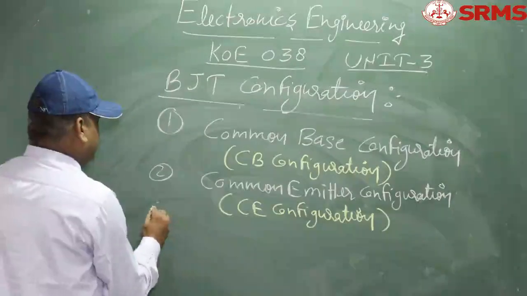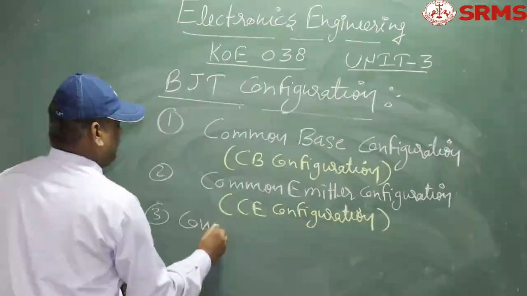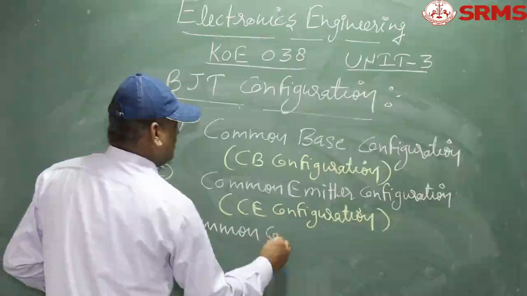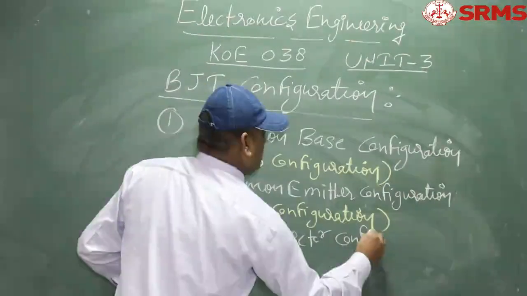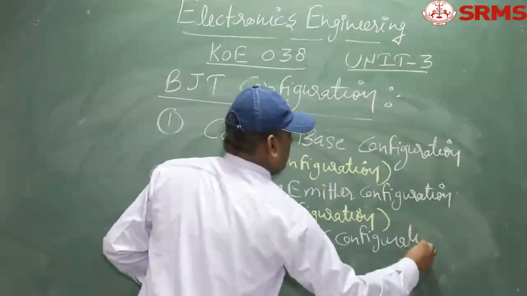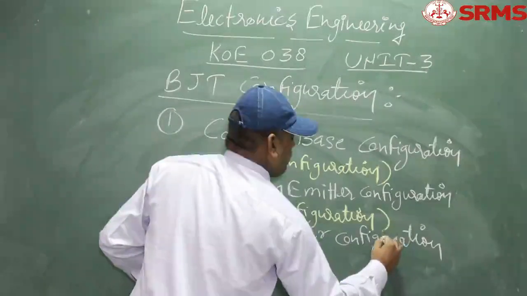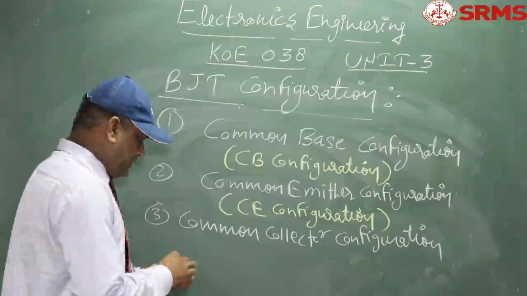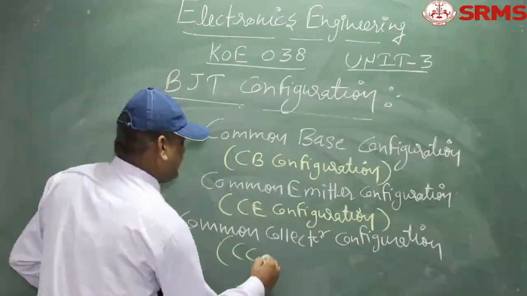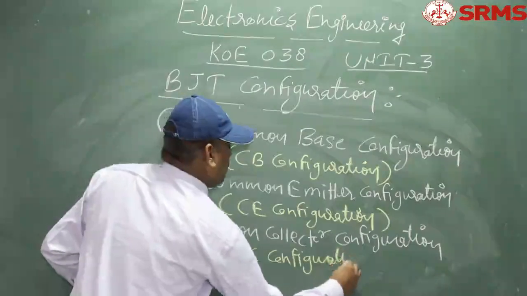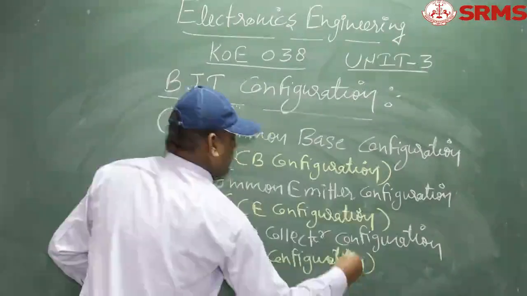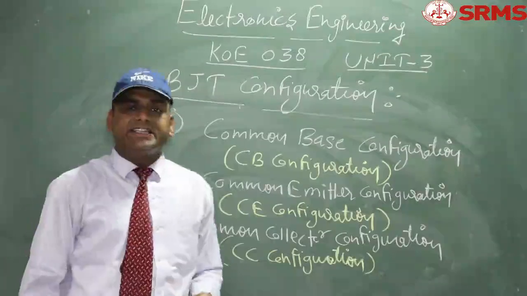And the last and the third one is common collector configuration, or you can say CC configuration. Is that clear?